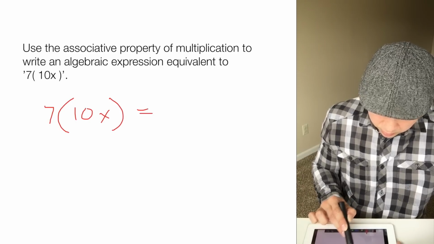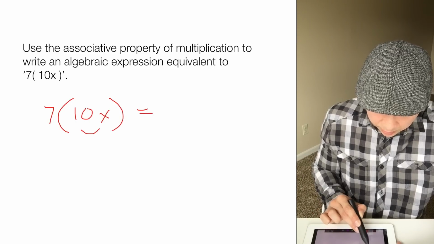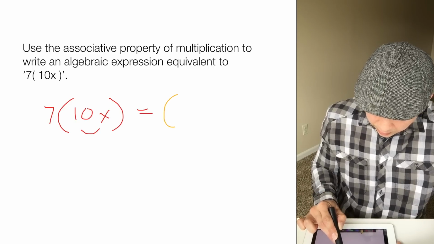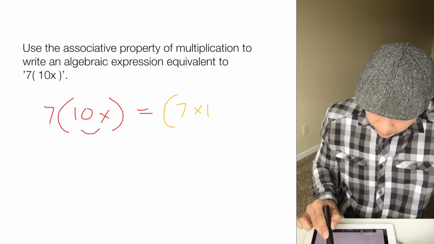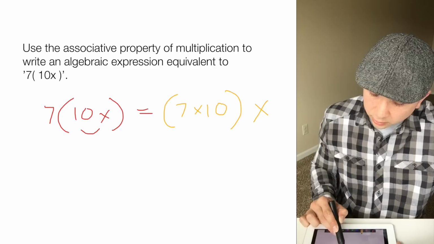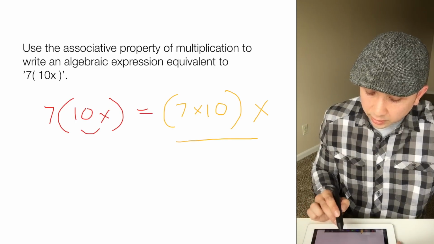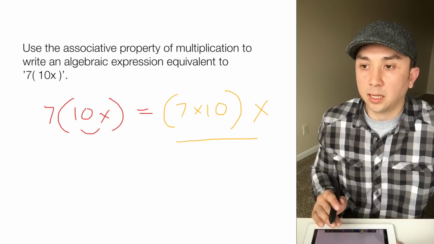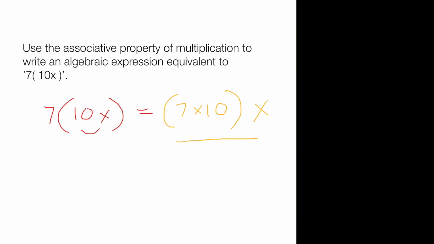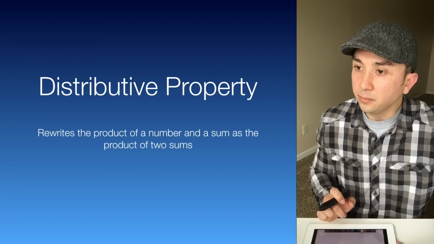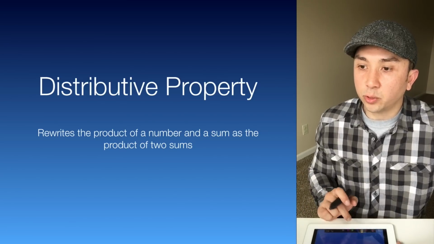Well, we know that we could either do 10 times x, or we could do 7 times 10 times x. So here's the algebraic expression equivalent to 7 times 10x using the associative property of multiplication.